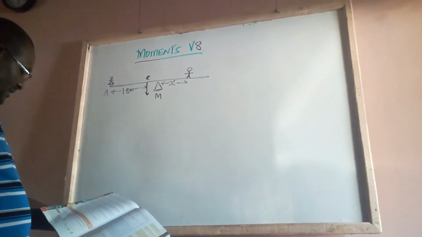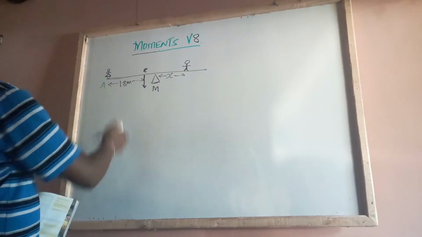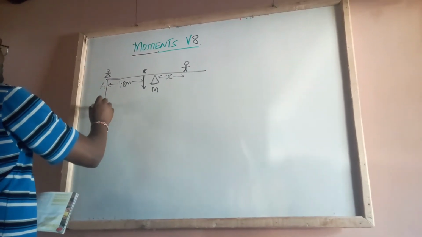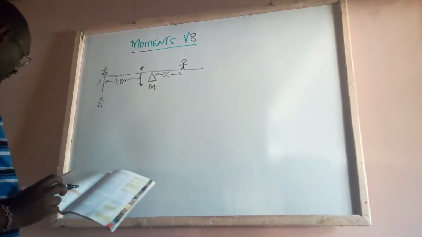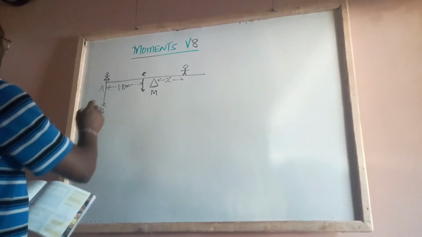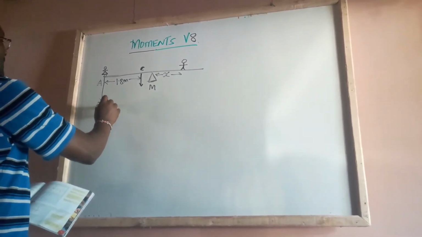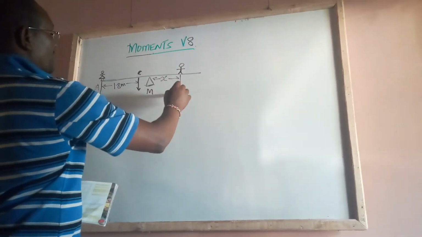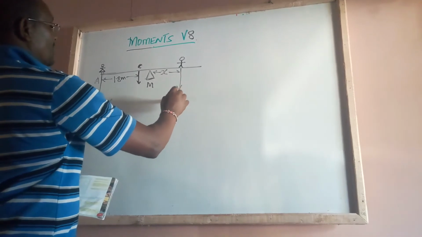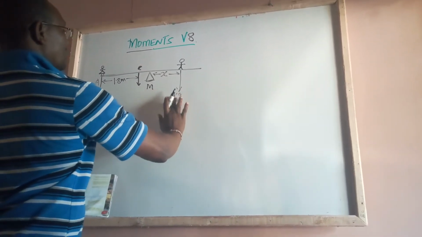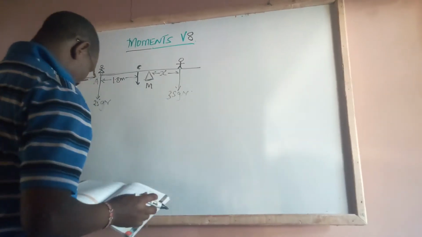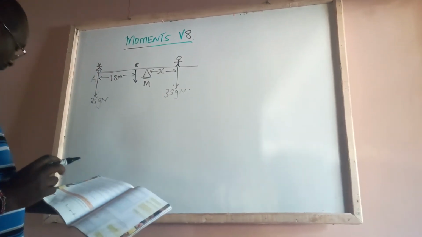25 kg and sits at A. Tasneem is sitting at A and exerting a mass of 25 kg, so the effect of Tasneem is 25g newtons. And there is Sam with a mass of 35 kg, so exerting a force of 35g newtons downwards.